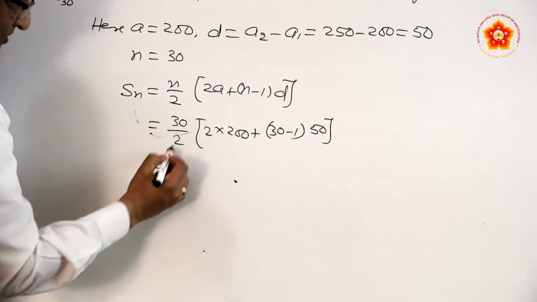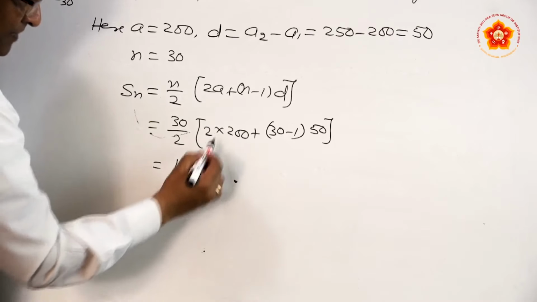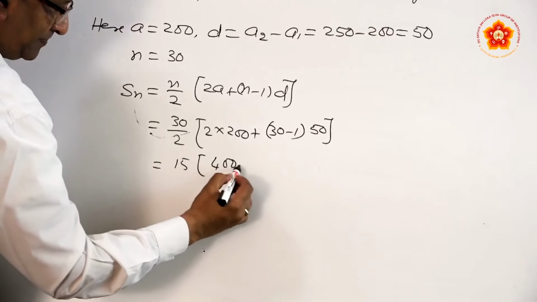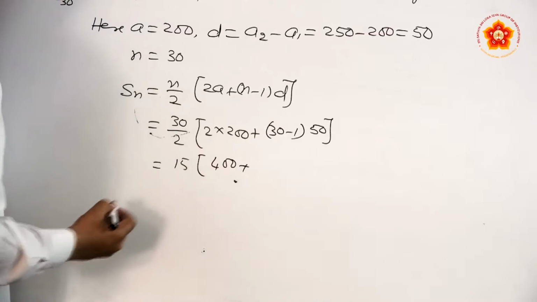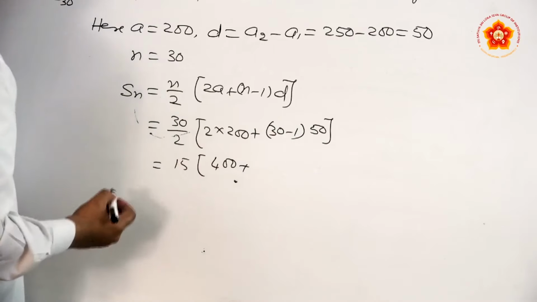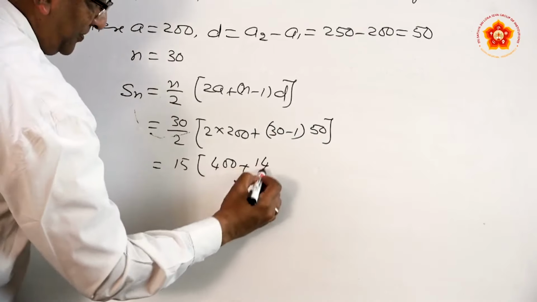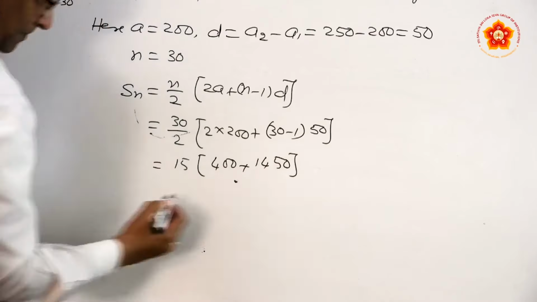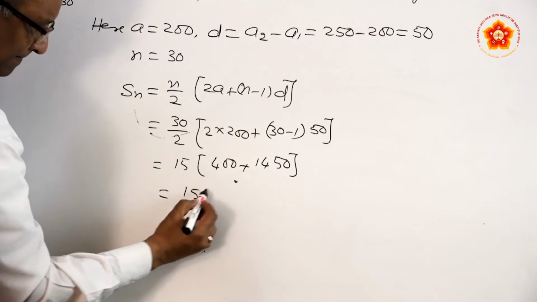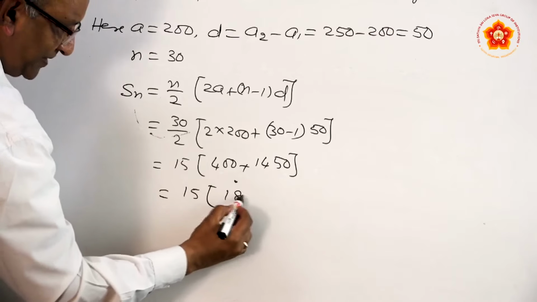So it is 15, 400, 30 minus 1 is 29, 29 into 50, 1450, 1850.